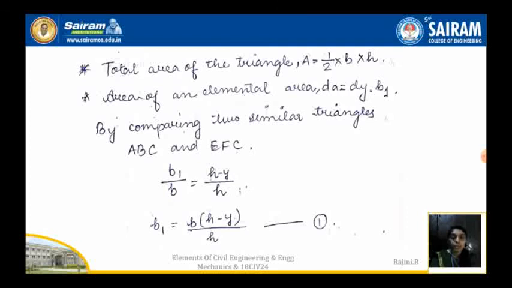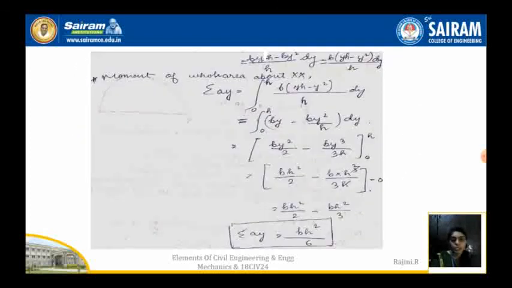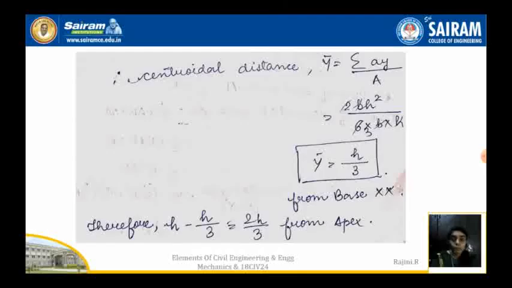Only y bar, that is y bar we got h by 3. That h by 3 is from the base, this much. So what will be the remaining top one? You just subtract it from the whole height. Therefore whole height h minus h by 3 is equal to 2h by 3 from the apex.